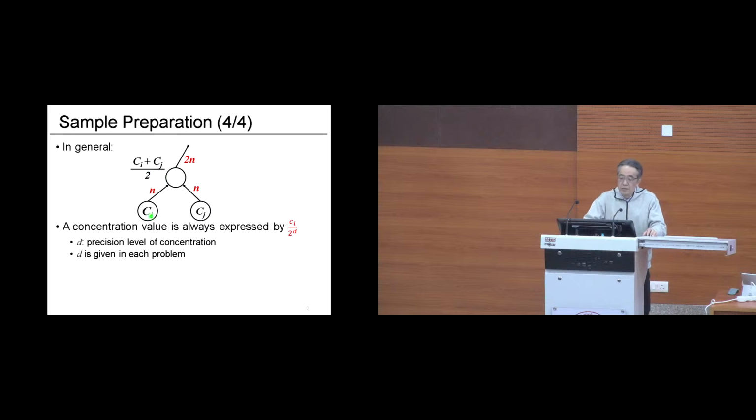Okay, again. So if we have n droplets of this concentration and n droplets of this concentration, then by using n times of mixing, we have a half concentration ratio, and we have double volume of these concentrations.